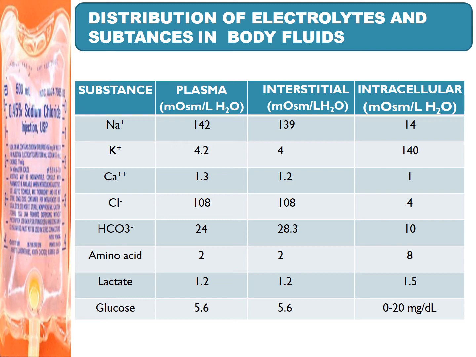In addition to these, amino acid 2, lactate 1.2 and glucose 5.6. This is the distribution of the electrolytes. Likewise, in this table, we mentioned the distribution of electrolytes of these substances in the interstitial as well as the intracellular fluid.